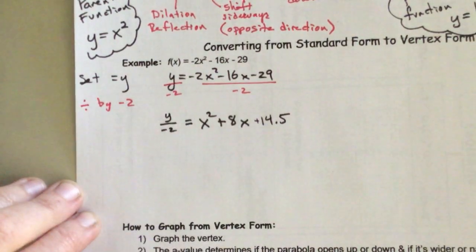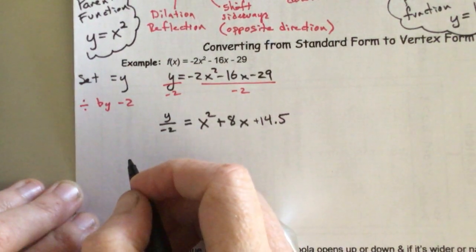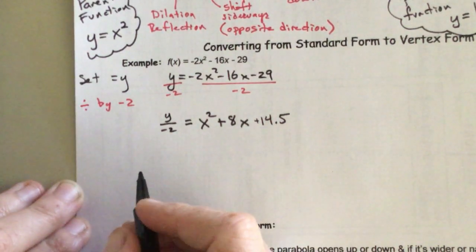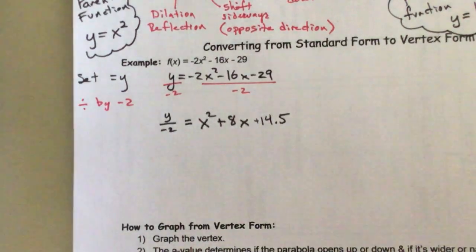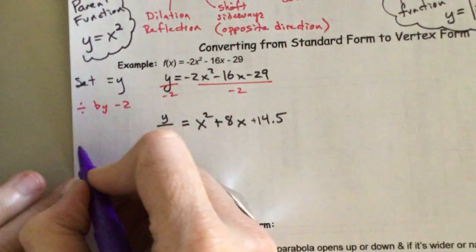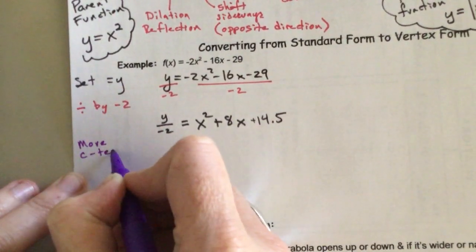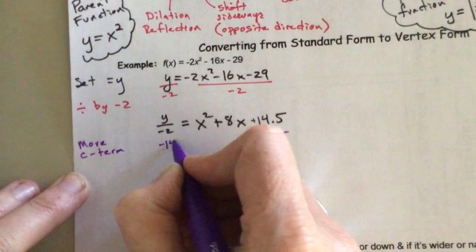Don't let that stress you out. This is worst case scenario. Now we are going to move our c term over. So move the c term. I'm going to subtract 14.5 from both sides.